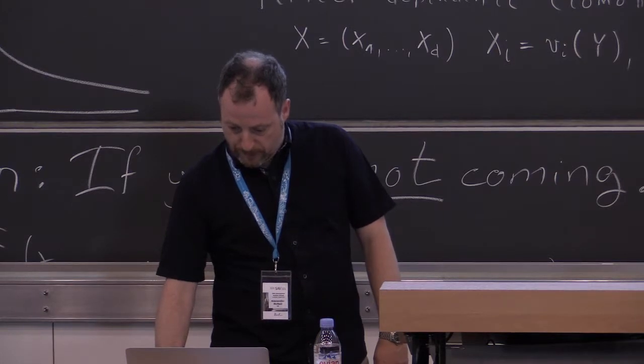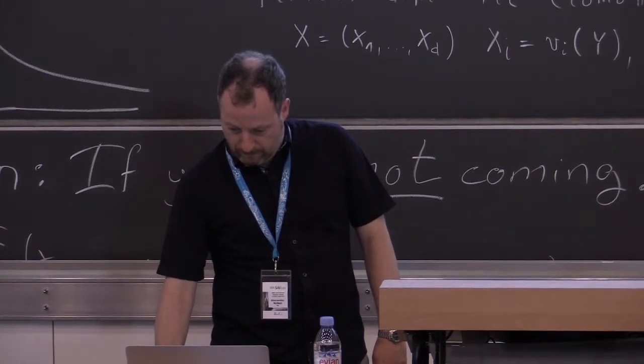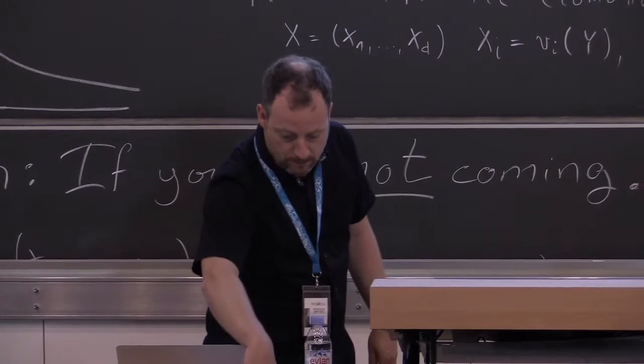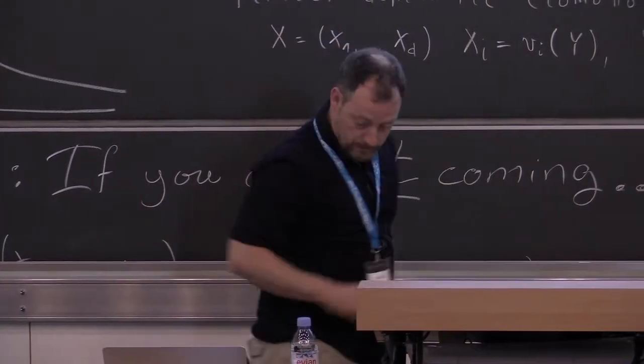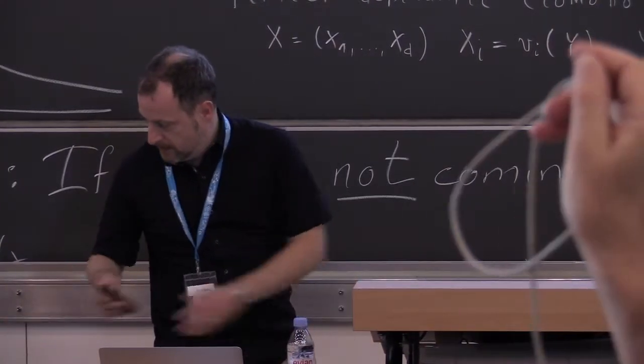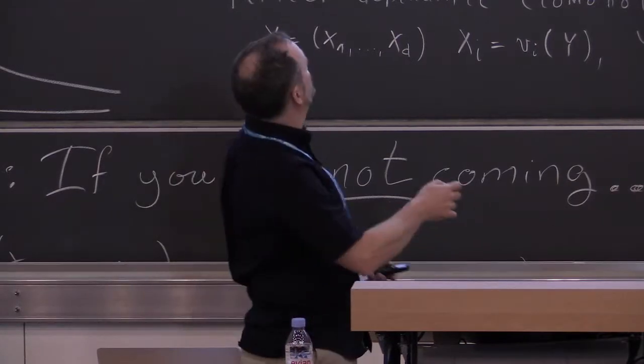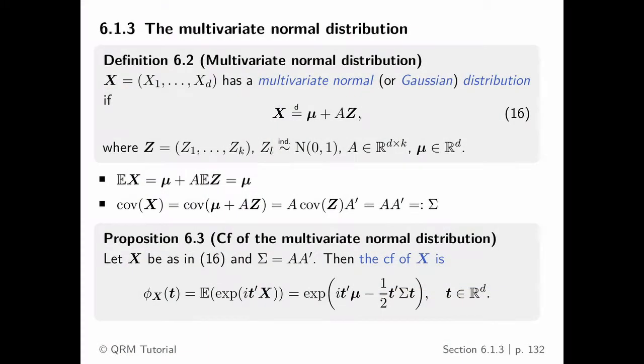Some of the things that Paul talked about this morning. Paul talked about this one here. Now let's see, we have so many pointers, it must be that one. We have this idea here, which was how you take, in this case, univariate normals and you make them multivariate normal.